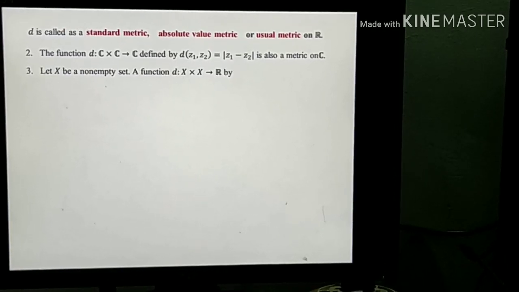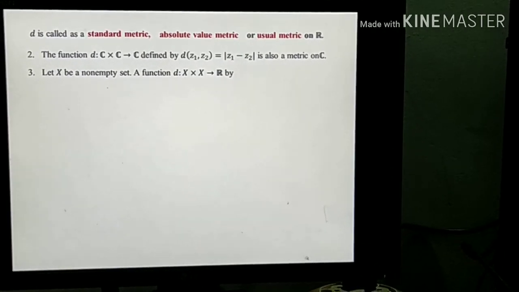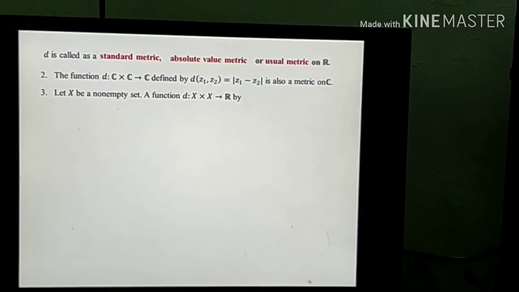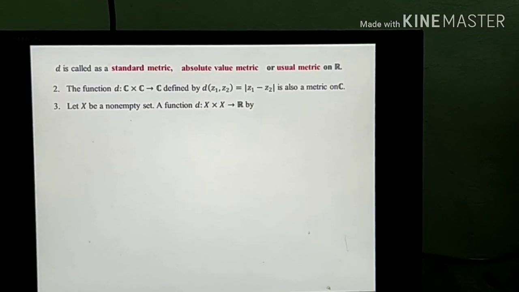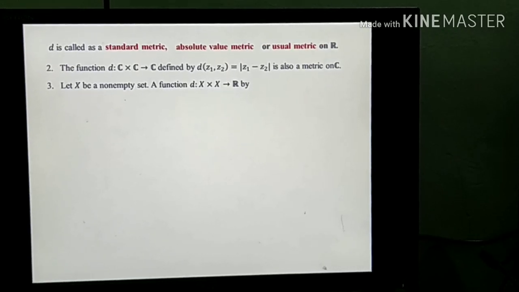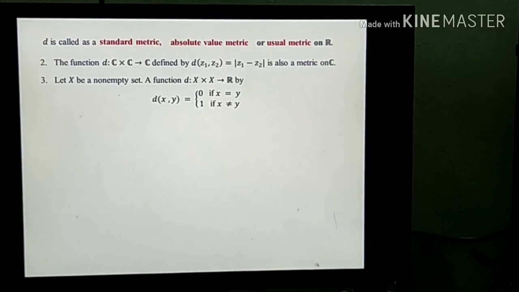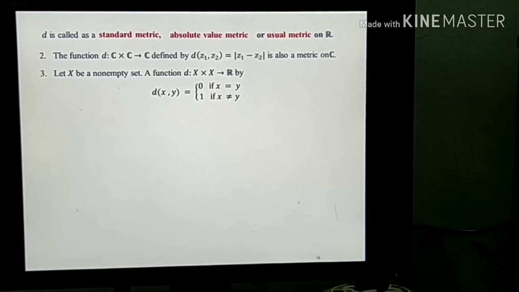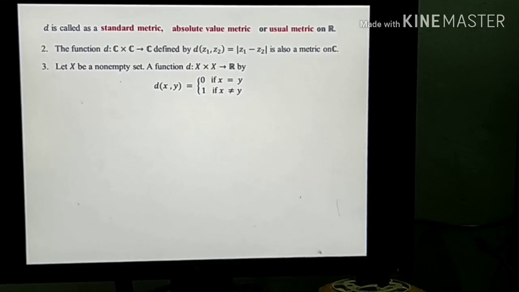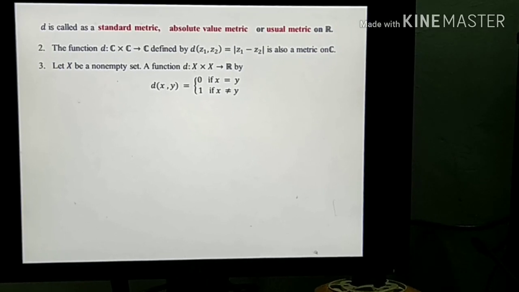Now see, our third example: let X be a non-empty set, and d a function from X cross X to R defined by d(x,y) = 0 if x and y are identical, and d(x,y) = 1 if x and y are different.